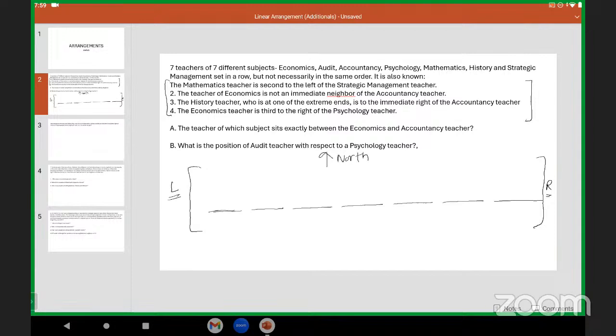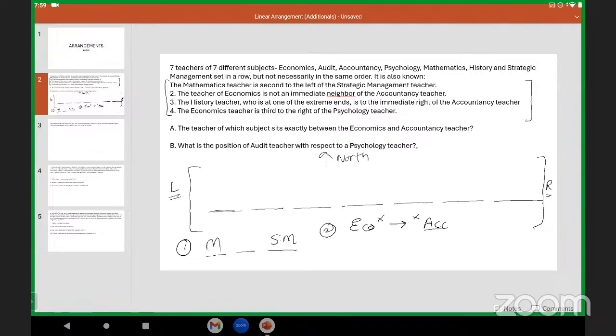So point number one: the mathematics teacher is second to the left of the strategic management teacher. Point number two is the teacher of economics is not an immediate neighbor of the one who teaches accountancy. So this is point number two.